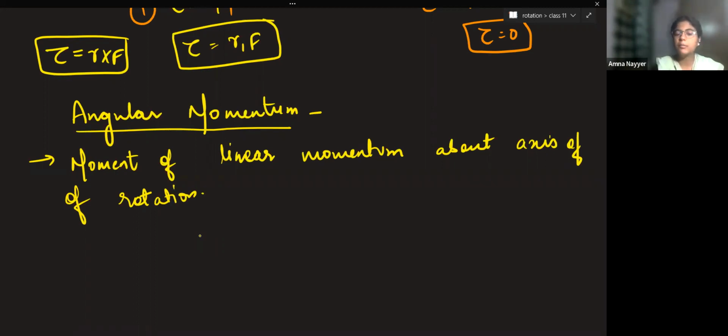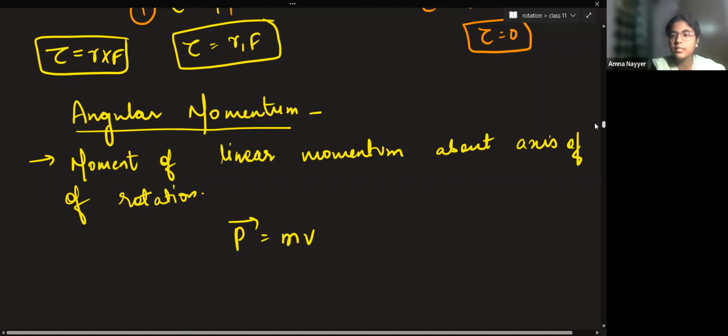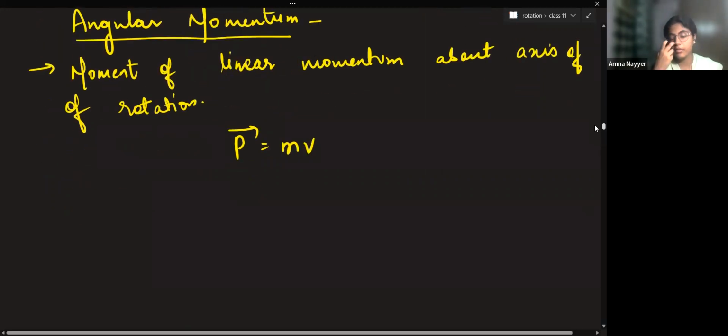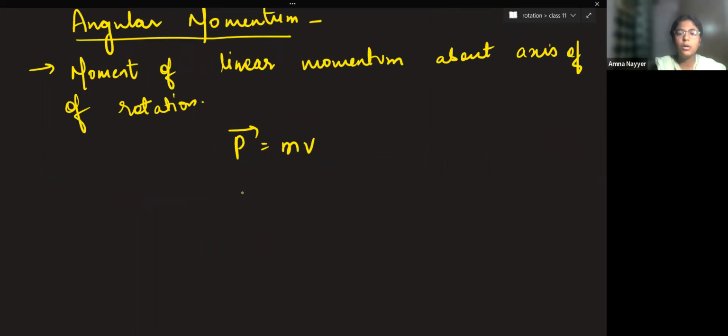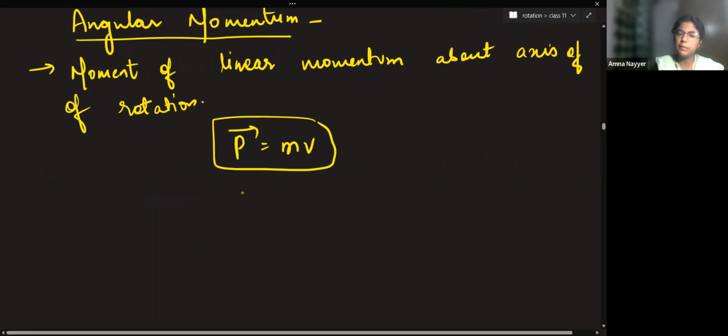So see, angular momentum will become what? Linear momentum is there, P. Remember we did mass into velocity. Linear momentum is the product of mass into velocity. That is the formula of linear momentum. Keep this in mind.